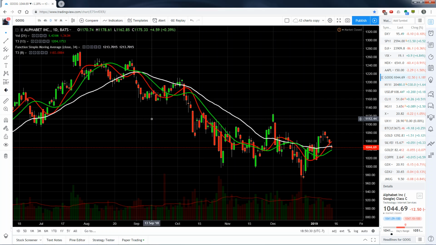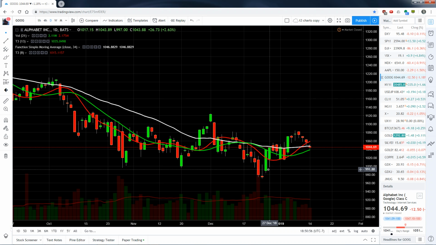It's pretty nice. Now it's over the 34. The 8's crossing over. Maybe reversal coming. Over the 34, into the 34. Watch for some kind of sign on the intraday.